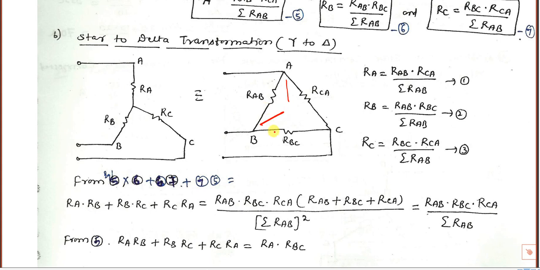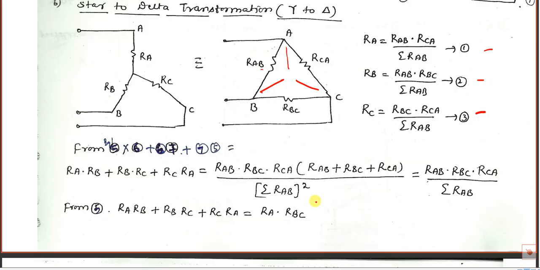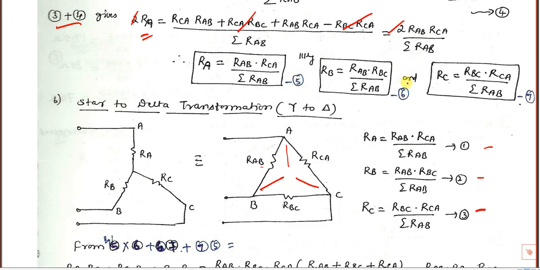And RB is the product of these two, RAB into RBC divided by the sum of all. And RC is the product of these two divided by the sum of all. So equations number 1, 2, 3. We know that, you can directly write that. You can consider these as equations number 5, 6, 7 only.